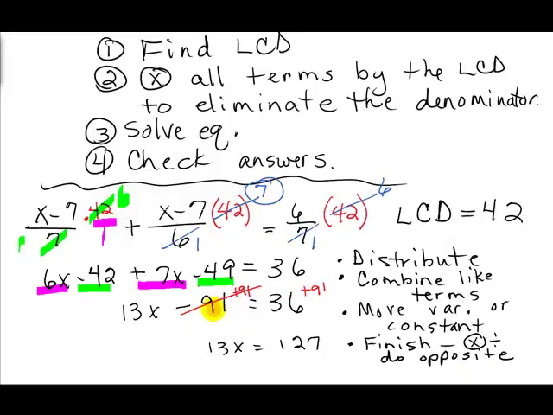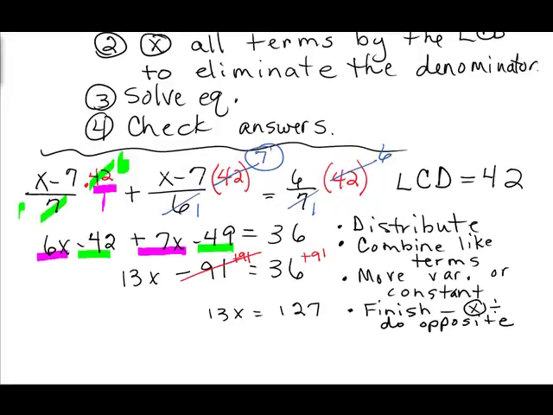We had a negative 91, and to make that become a 0, we added 91. And then what you do to one side, you have to do to the other. So whatever manipulation you make to the equation, it has to be done to both sides of the equal sign. And so my last thing here is to divide by that 13.